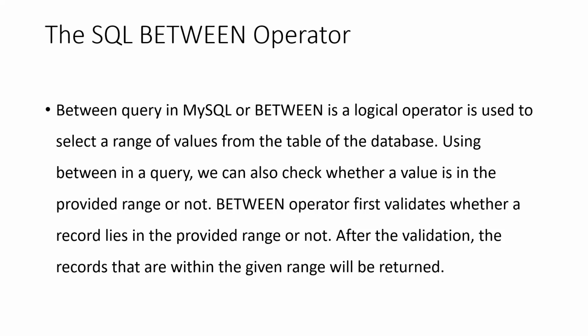Now I want to find out, from 1st June 2022 to 5th June 2022, how many purchase transactions were ordered. I'm using the BETWEEN operator, giving from which date to which date. It will fetch all the records between the dates and show the results. So the BETWEEN operator is used for this kind of retrieval.